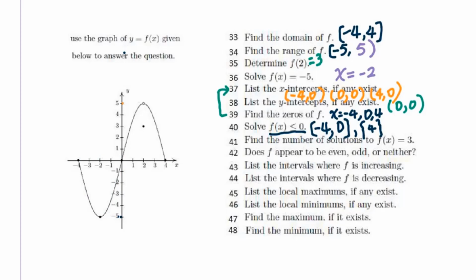For number 41, find the number of solutions to f of x equals 3. So find the 3, and you draw the horizontal line. It intersects the graph at 3 points. So we have 3 solutions to f of x equals 3.